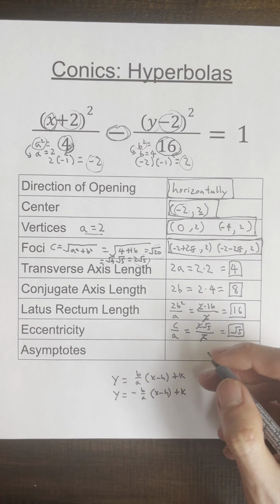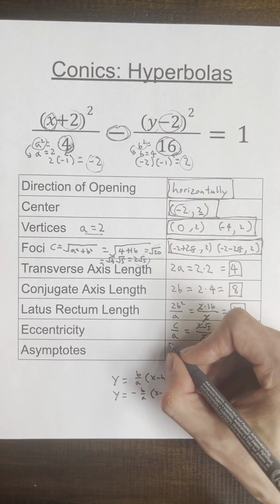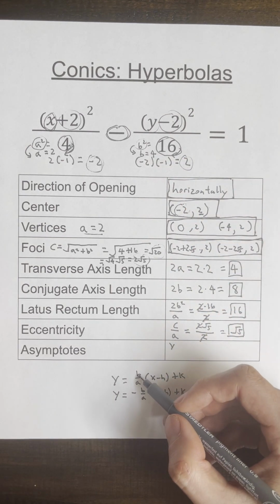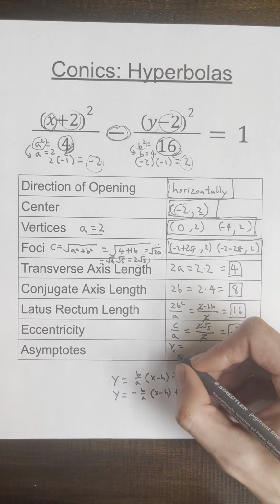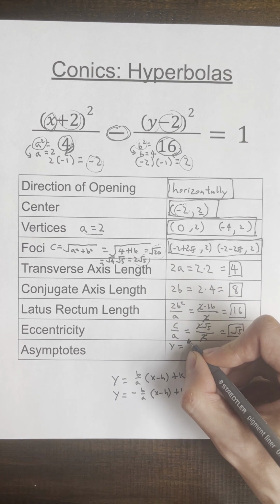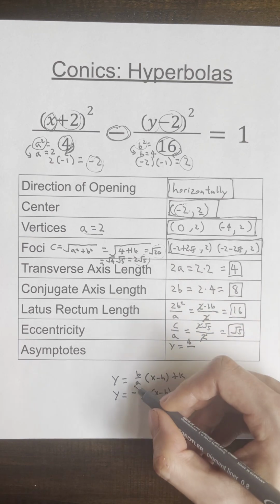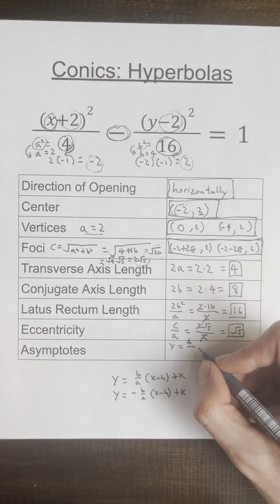What was b again? B was 4. Okay, so we're just going to plug in B, A, H, and K into here, and I'll walk you through it. We're going to change B to 4 over, A was how much again? 2.